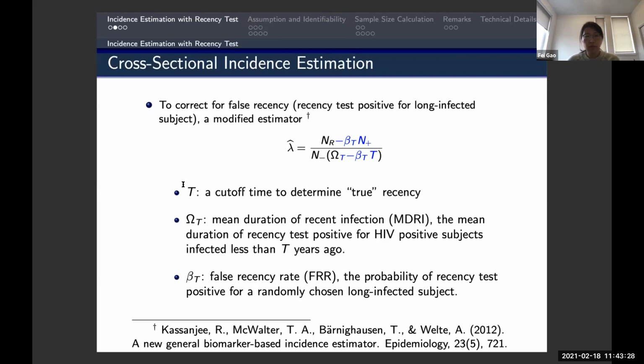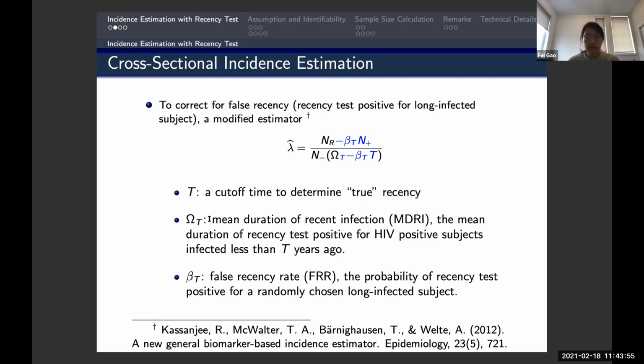Particularly, we may let T denote a cutoff time to determine whether a subject is recently infected or not. Basically, if a subject has been infected less than T years ago, then the subject is truly recently infected. On the other side, if infected longer than T years ago, then the subject is regarded as not recent.